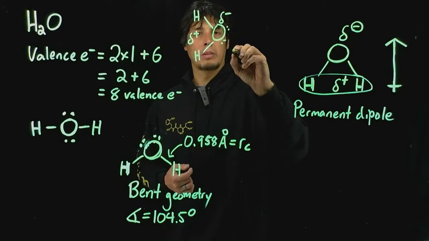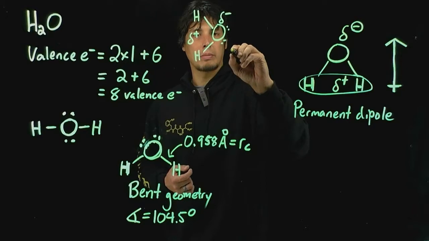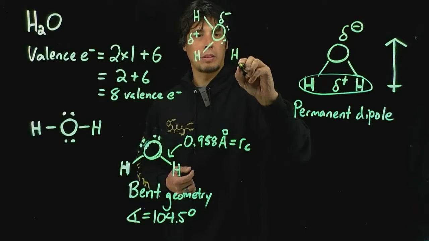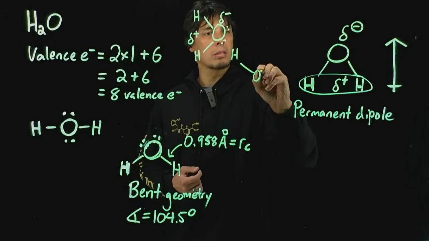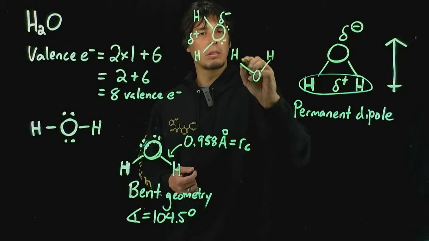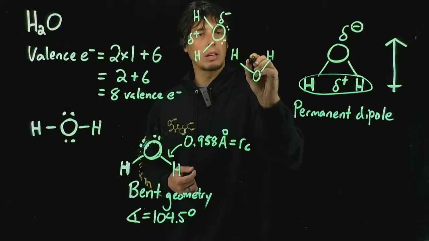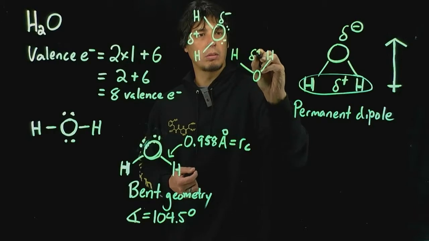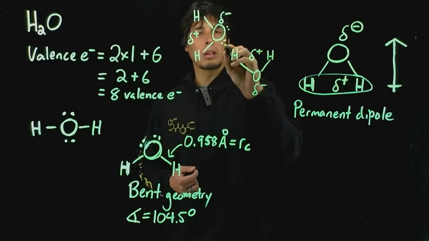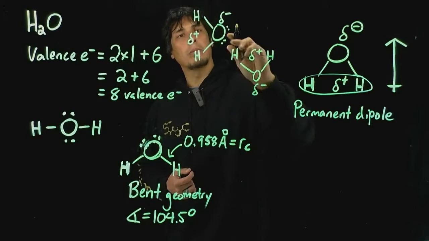We can form hydrogen bonds, almost like magnets, where the positive end of a second molecule of water interacts with the negative end here.